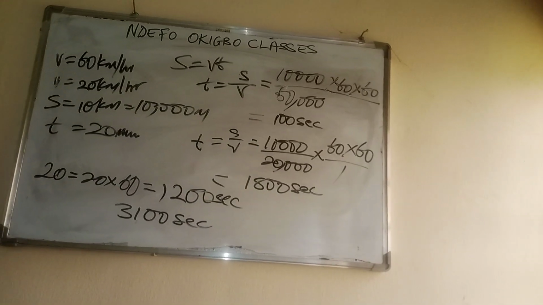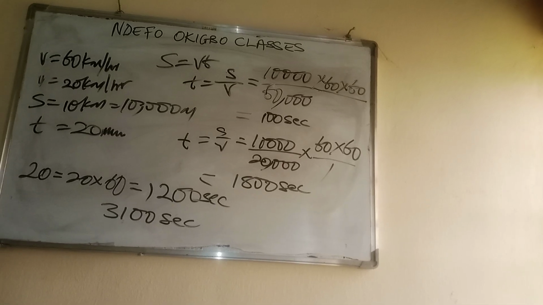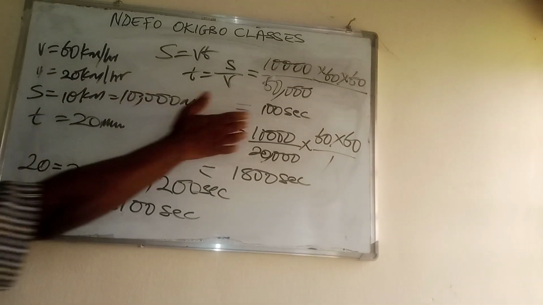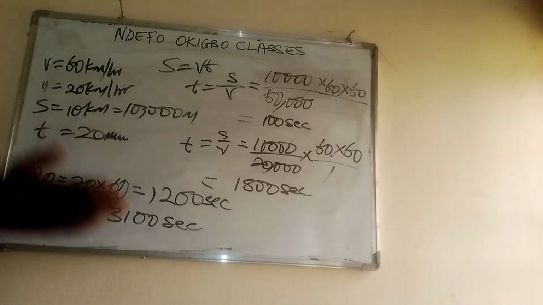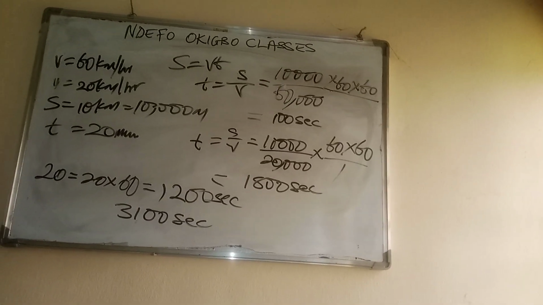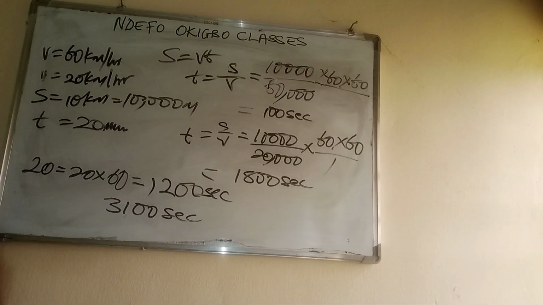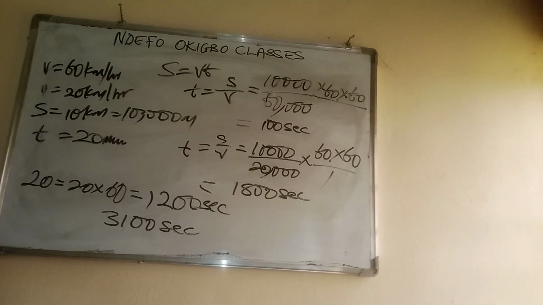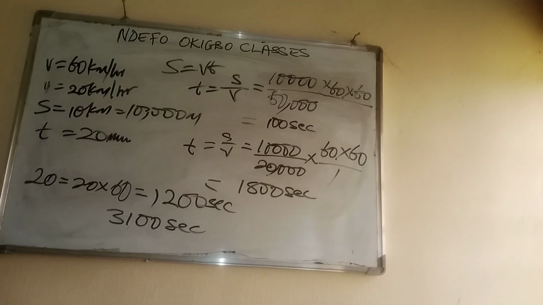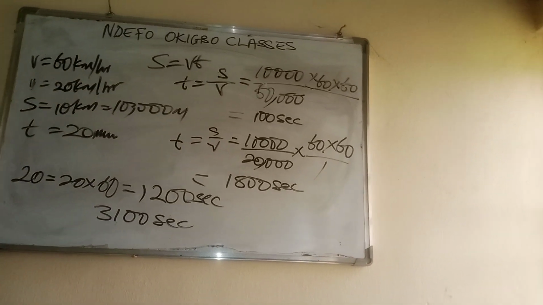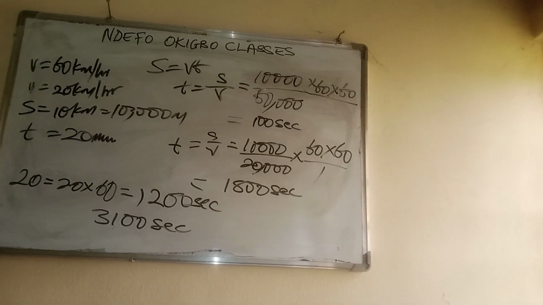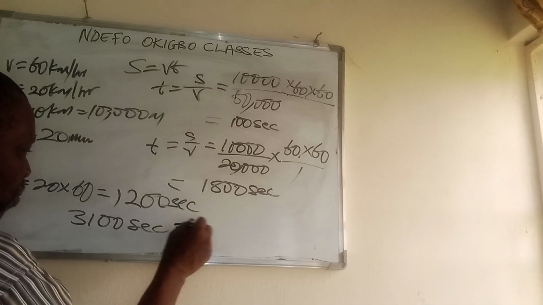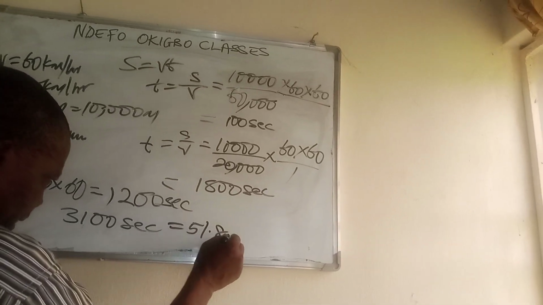That is the 100 seconds going empty, the time coming back loaded at 20 kilometers per hour, and the time of loading and offloading, which is equal to 51.8 minutes.